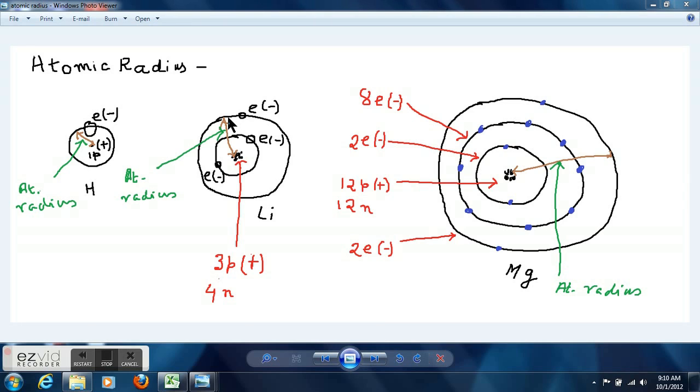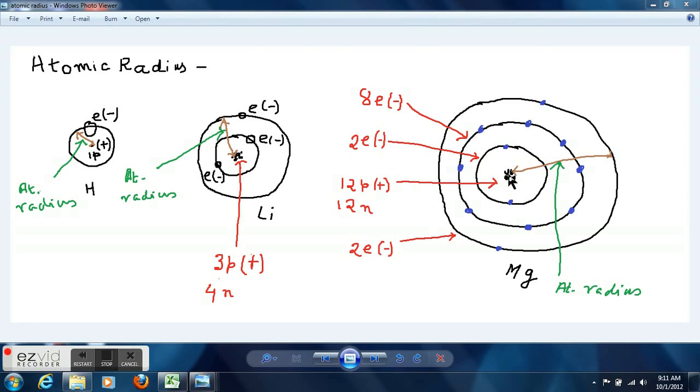Now let us take the third example, magnesium, which is having 12 protons and 12 neutrons in its nucleus. As you see, if you look at the nucleus, I have drawn an arrow. I have put 12p plus and 12n. That is the nucleus.